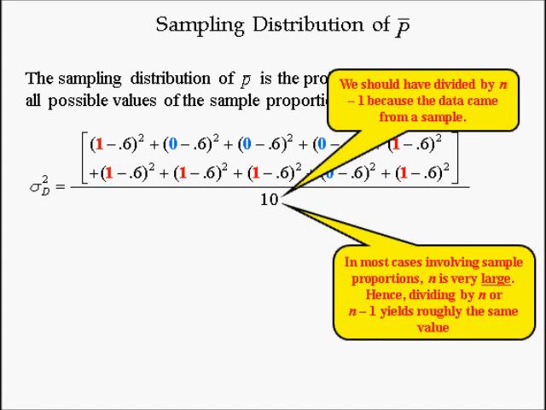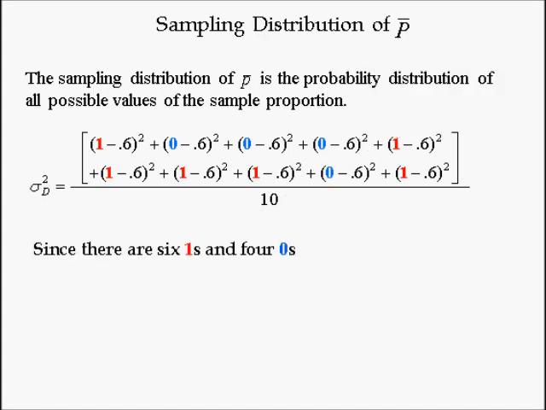Hence, dividing by n or n minus 1 yields roughly the same number. Now, since there are 6 ones and 4 zeros, we can use algebra to collect like terms and rewrite the variance of D as the sum of 6 times the square deviation from the mean associated with D equal 1 and 4 times the square deviation from the mean associated with D equal 0, divided by 10.